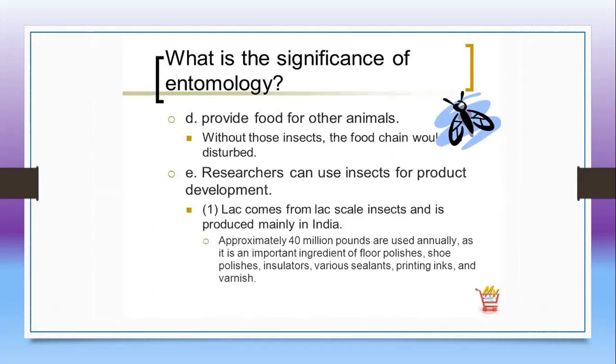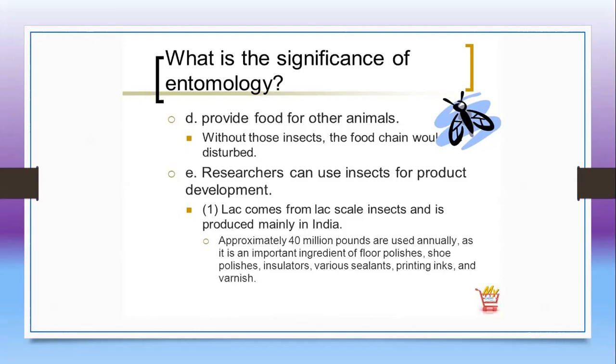Nature is so formed by the creator that each and everything in it is interrelated and coordinated, so that it occurs in the form of a chain reaction. One is dependent on another, which is dependent on another. That means they are interdependent on each other. Such is also the case with insects. Without insects, there is no food chain.